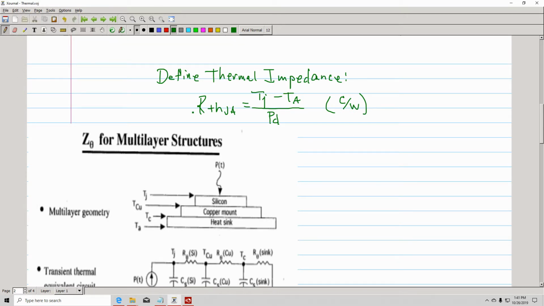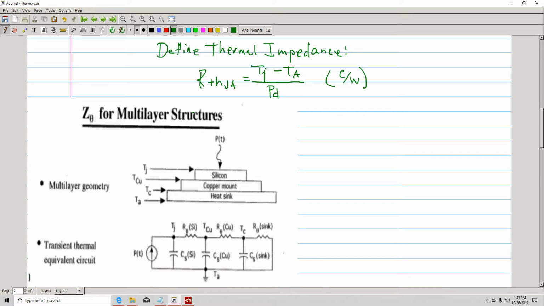Here is the definition. In this case, I'm using the thermal resistance from the junction, J, to A, ambient. So this is from junction to ambient.